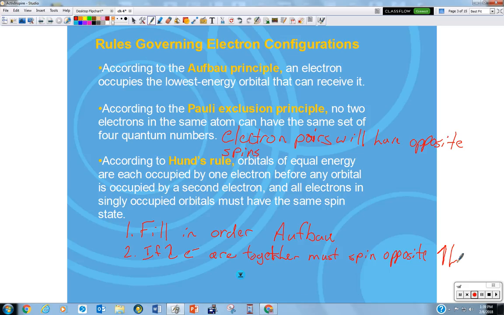So one's going one direction, the other's going the other direction. And then the third thing, you have to fill orientations in one direction before filling the opposite.